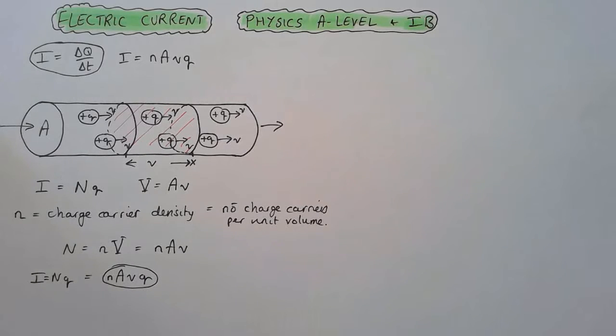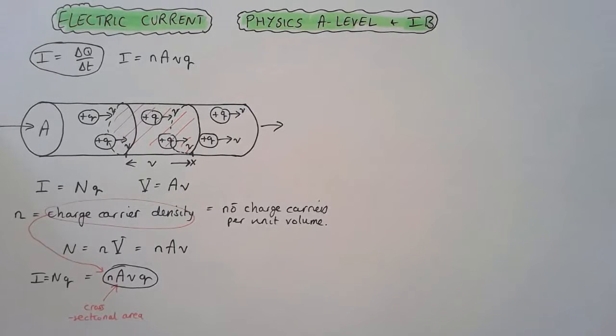Remember that little n is the charge carrier density, A is the cross-sectional area of the pipe, v is the velocity of the particles moving freely through the pipe, and Q is the charge of each charge carrier.